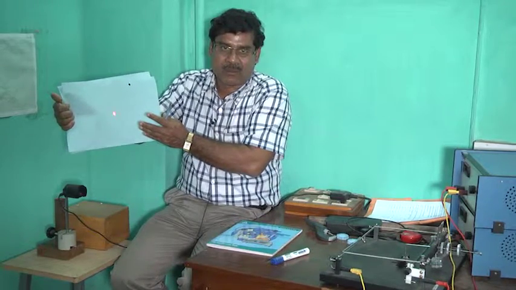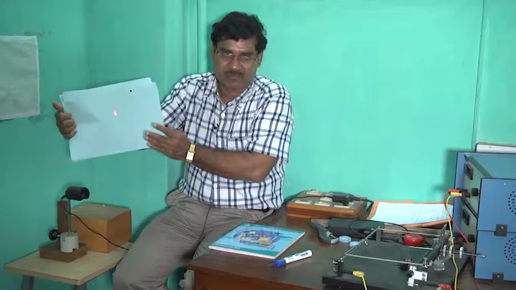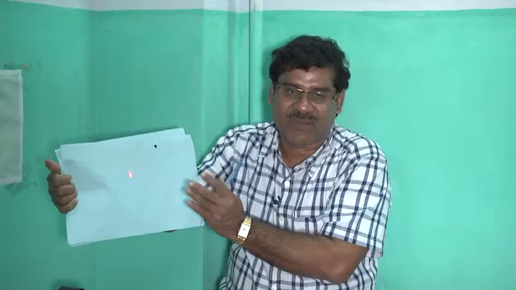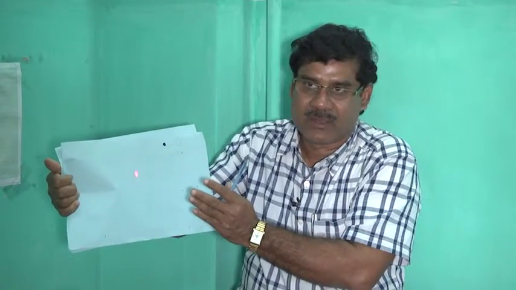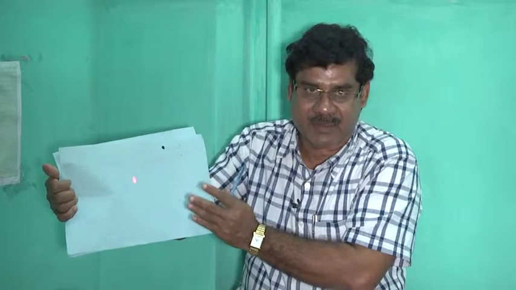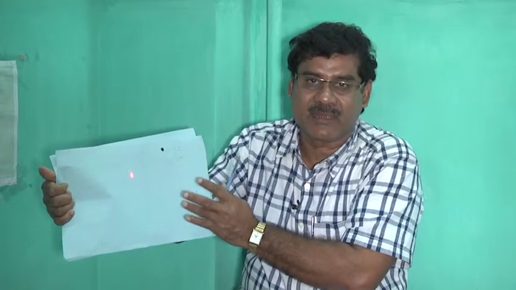So, a change of angle of the mirror by theta changes the reflected angle by 2 theta. Okay. So, when the mirror changes by theta, the reflected angle will change by 2 theta.